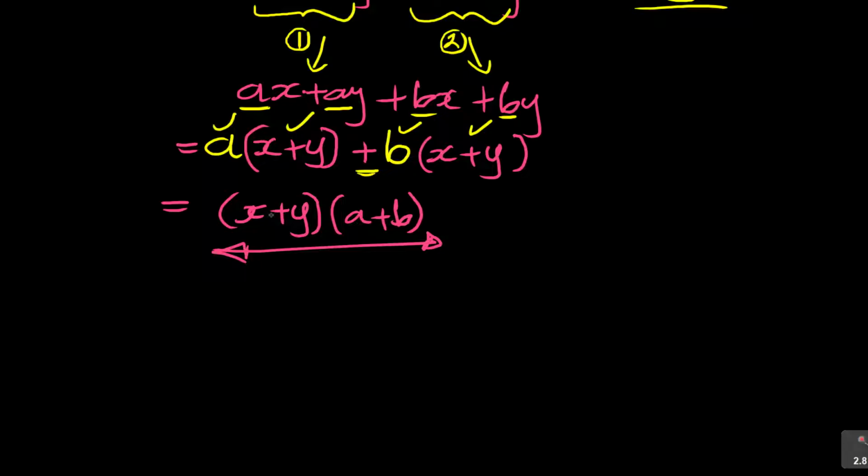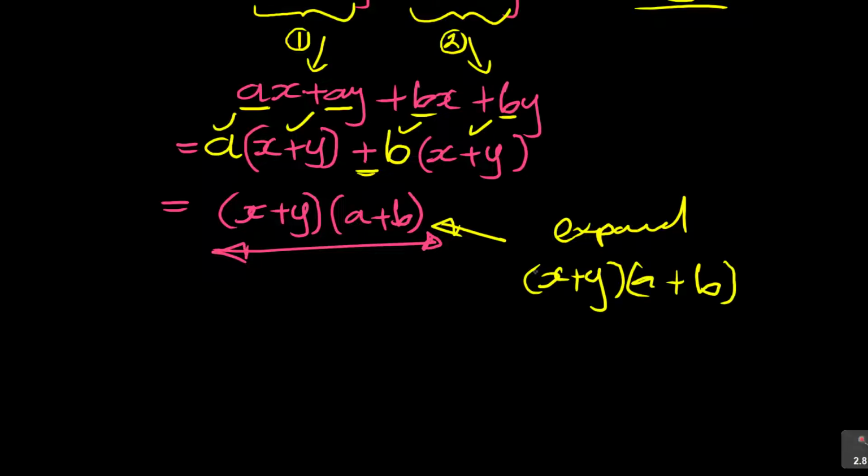Obviously, remember I told you that the opposite of factorization is expansion. So if I say to you expand, and I give you x plus y and a plus b, this answer that you got. Remember, when you're expanding, it's x times a, x times b, y times a, y times b.